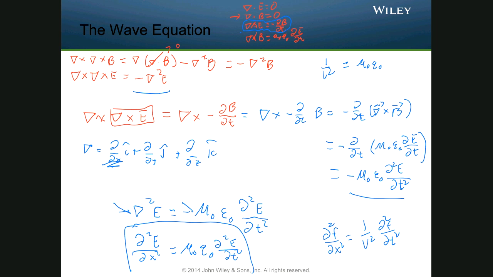And so we can predict that the speed in vacuum of this wave should be equal to 1 over the square root of epsilon naught times mu naught. And very surprisingly, that is equal to c, the speed of light, which you could experimentally measure before. So that means that light is an electromagnetic wave.